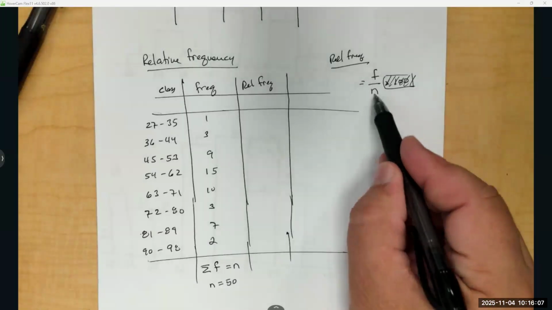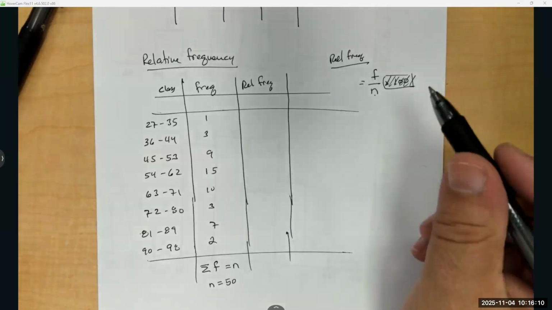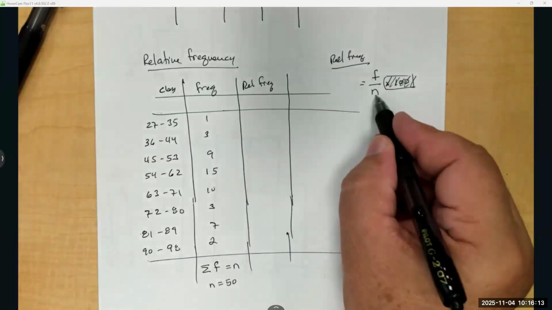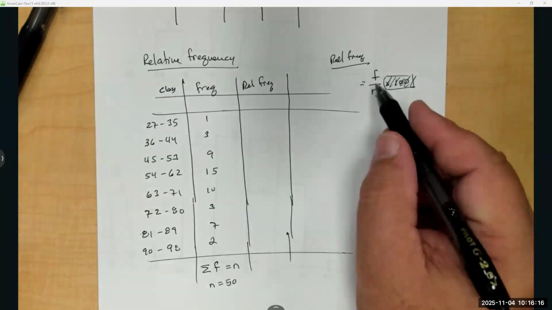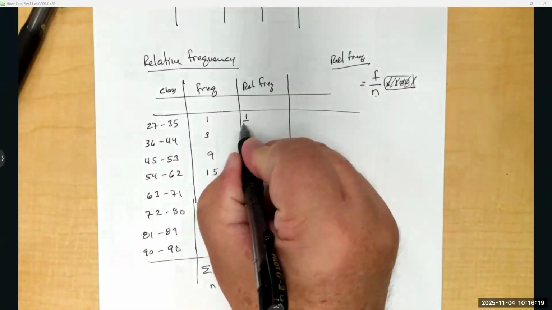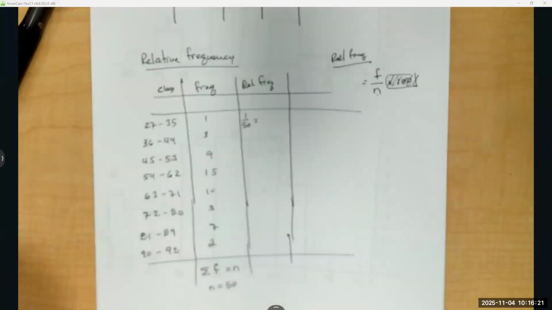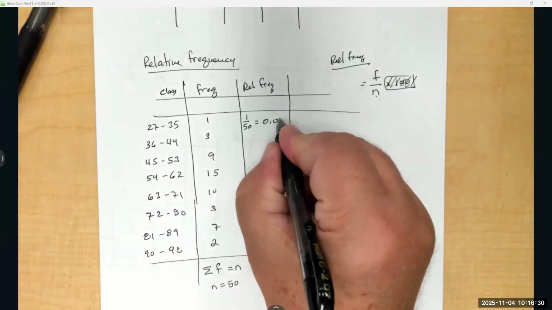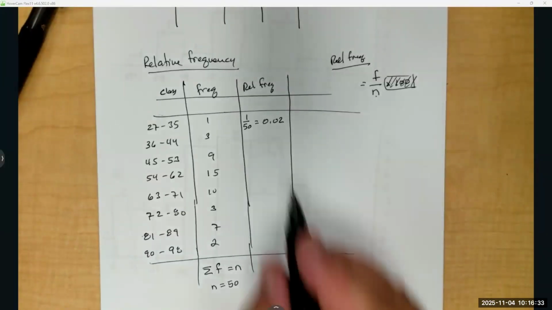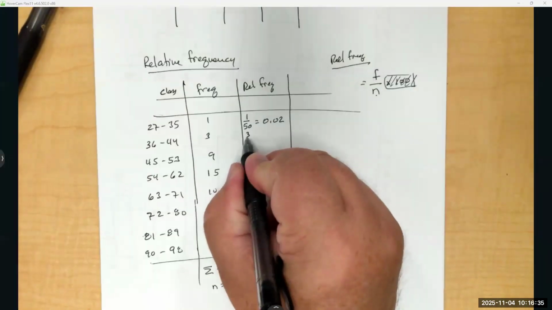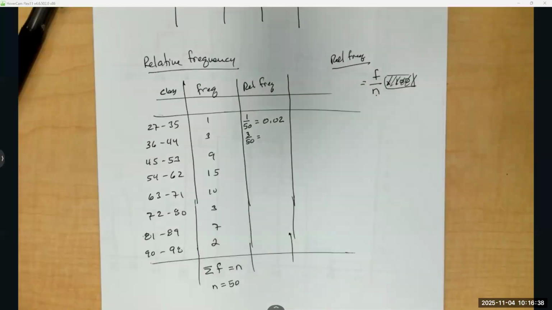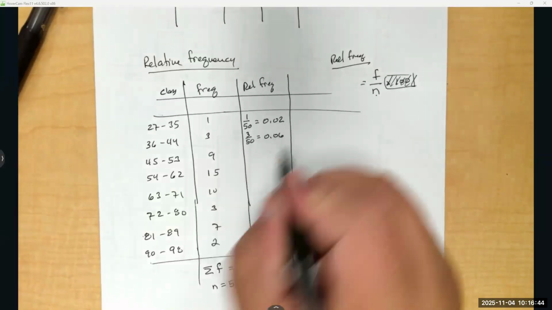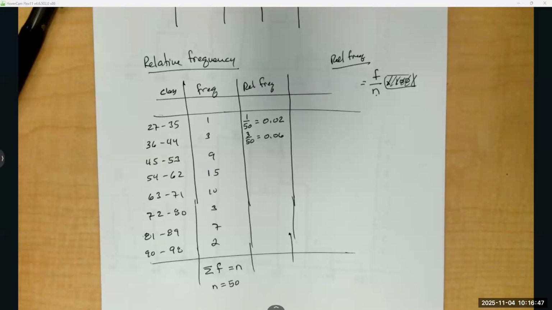What does this tell you? And n is what? Which is what in this case? So 1 over 50. So for our first one, our relative frequency is 0.02. The next one, 3 over 50, 0.06. Complete the rest of the chart.